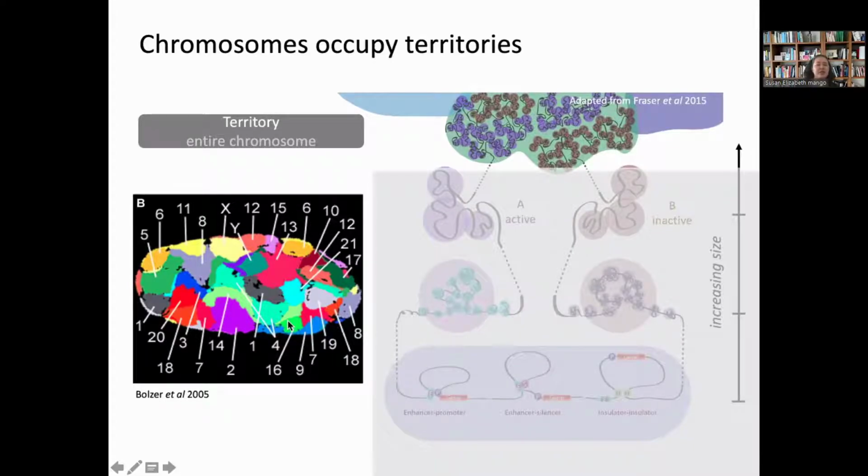That can change in different cell types. So here's the first order of the organization, which is territories. I should say there may be a little mixing of chromosome territories, chromosome loops, and DNA at the boundaries, but by and large, they're self-contained. All right.